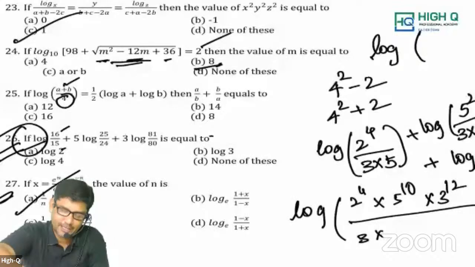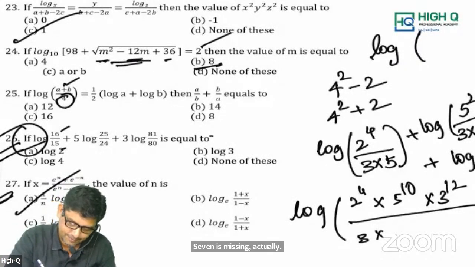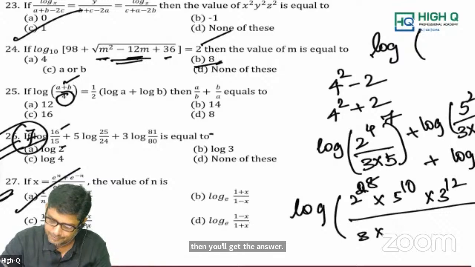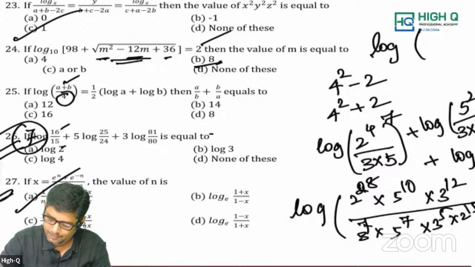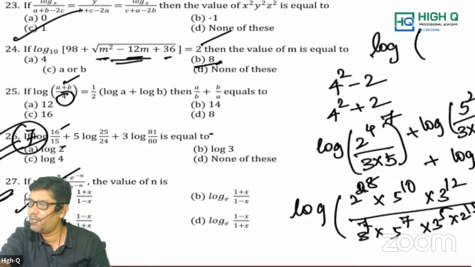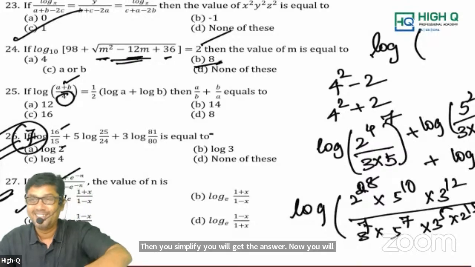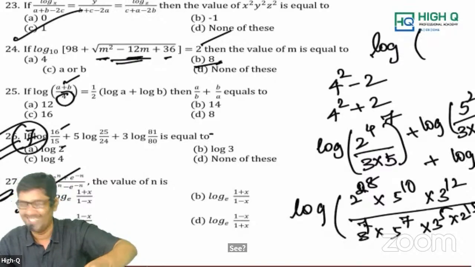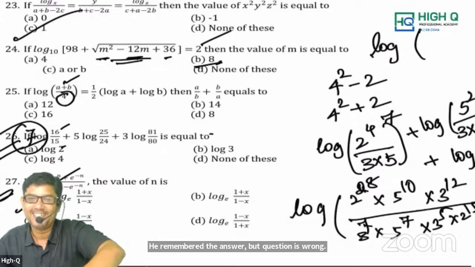If you put 7, you will get the answer. Then you simplify, you will get the answer. Now you will get it. Surya Narayanan sir, see, he remembers the answer, but the question is wrong. Okay, fine. It's okay.